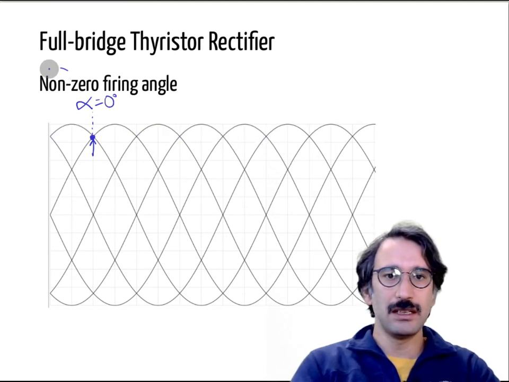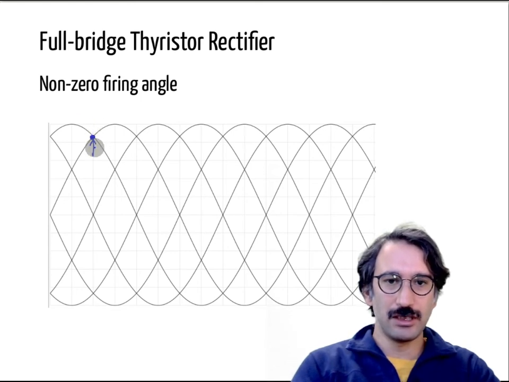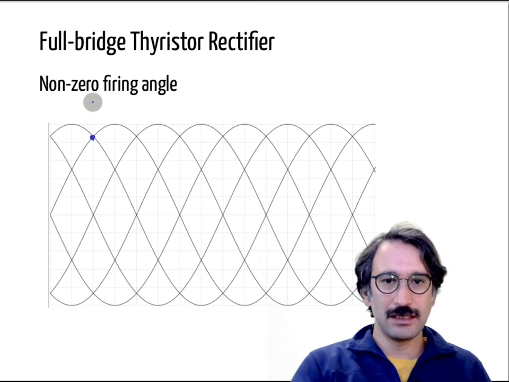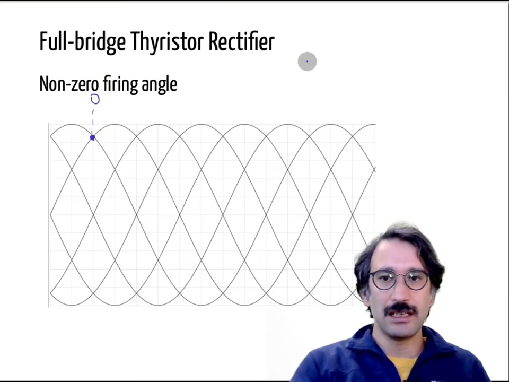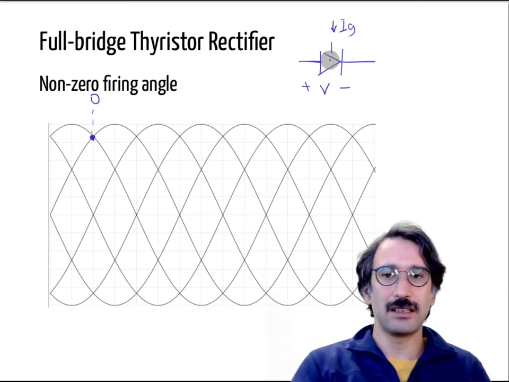So now let's have a look at what will happen if this is not 0 degrees but a value larger than 0 degrees. If I measure that point as the 0 angle, and even if the thyristor is forward biased, if I don't apply a gate current, then it will not get into conduction.